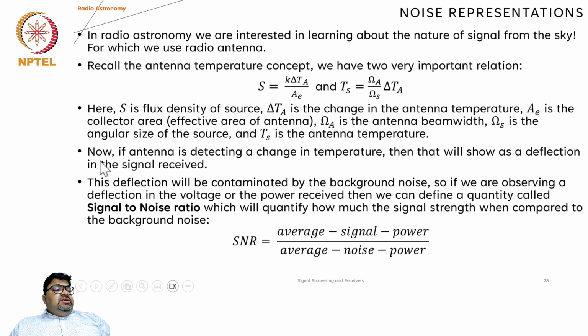Okay. So now, if the antenna is detecting a change in temperature, then that will show as a deflection in the received signal. This deflection does not come purely from the sky.